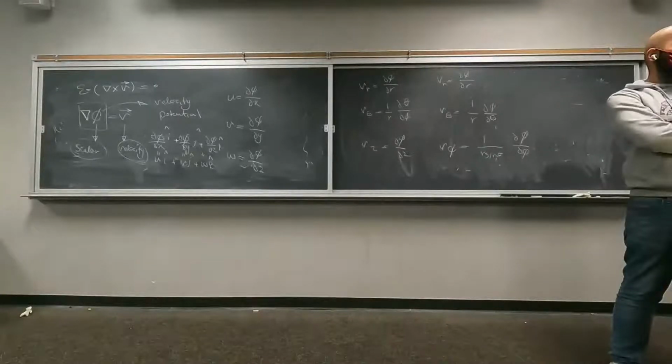The x component of velocity distribution is u over v infinity. And this is the boundary layer thickness. This thickness is a function of the local Reynolds number.